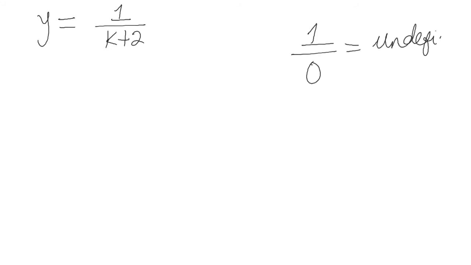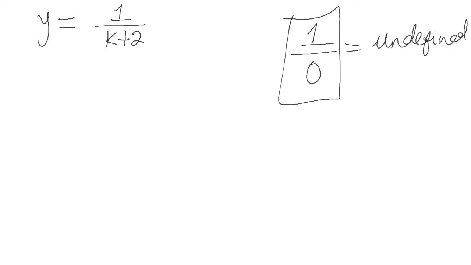But is there a point where y is undefined? Because we're trying to say no solution. When something is undefined, it has no solution. Well, we already know that 1 over 0 is always going to be undefined, or we can also say it cannot be solved, hence no solution.